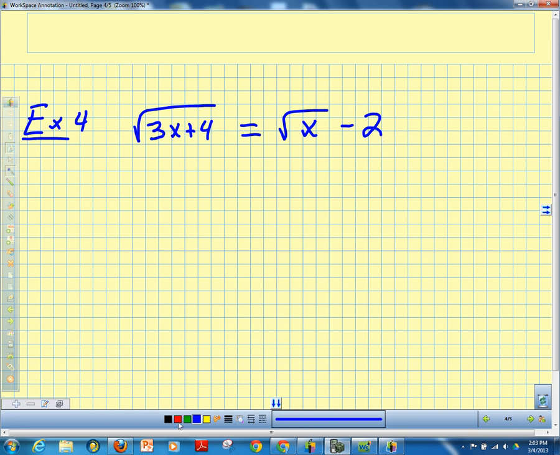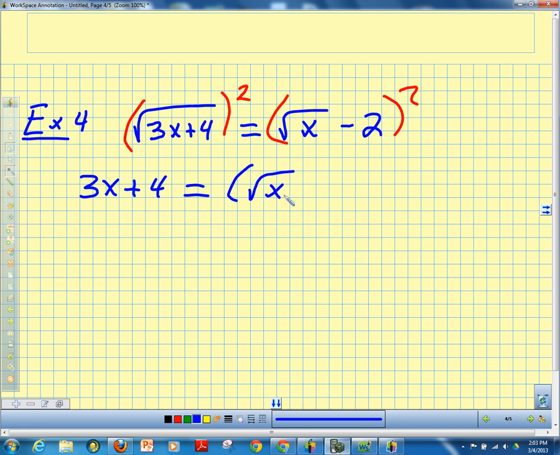So, first step, square both sides. And then, on this side, no problem, we get 3x plus 4. On this side, more of a problem because we get square root of x minus 2 times square root of x minus 2.